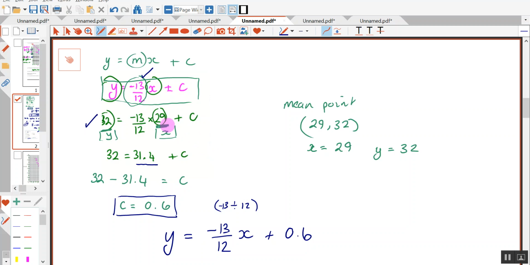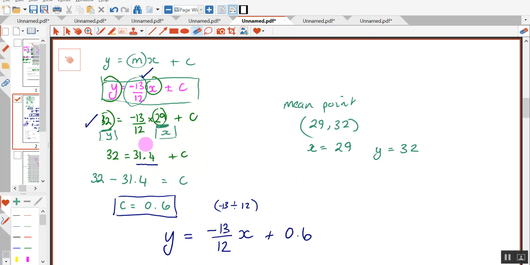So negative 13 divided by 12, then multiply by 29. Do we get the answer of 31.4? Negative 13 divided by 12, then multiply by 29. Is it 31.4?